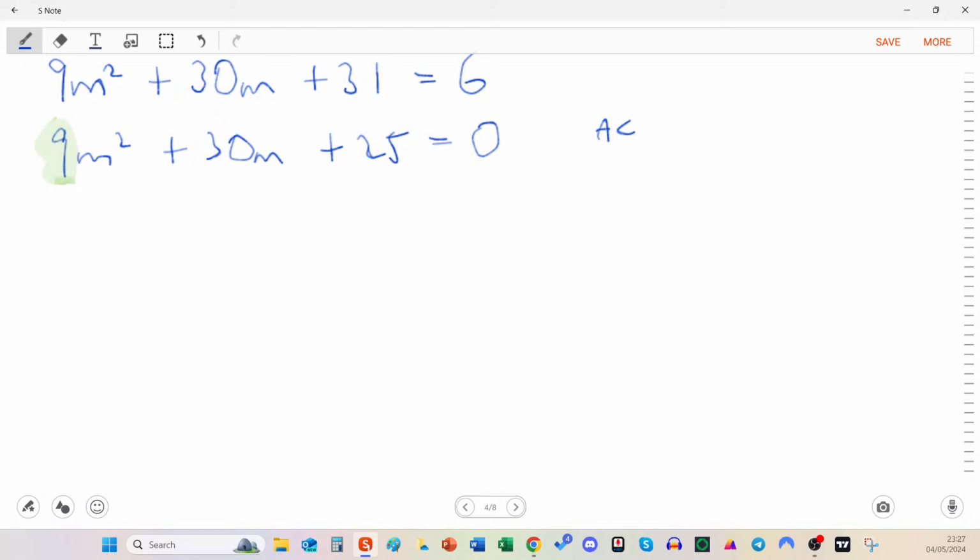It might be that we need a different method than the AC, but let's see as we go. Right, A times C. A times C is 9 times 25, which is 225. And now we want factors of 225. Might take a wee bit longer than your usual factors.